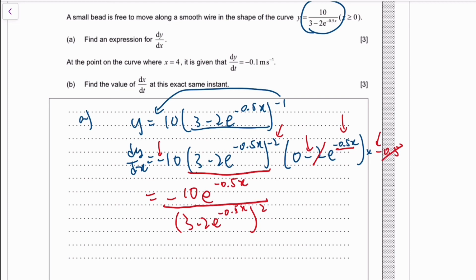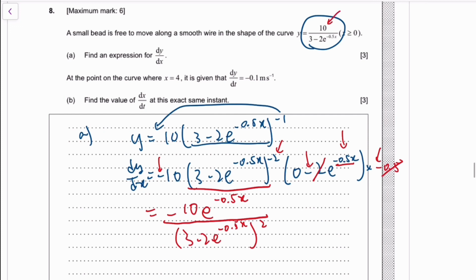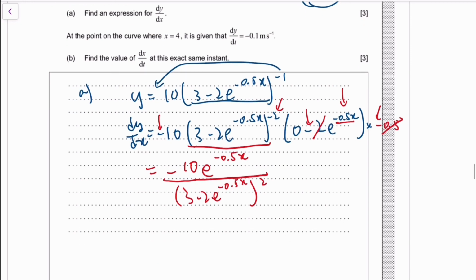You should get the same even if you use quotient rule. The only thing I want to mention is, remember when you differentiate the top, differentiate 10 is 0. So that term would totally be 0. That's a common careless mistake.